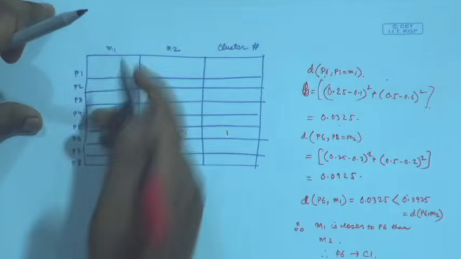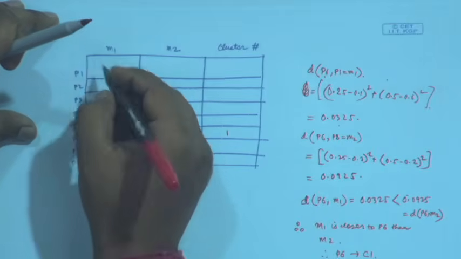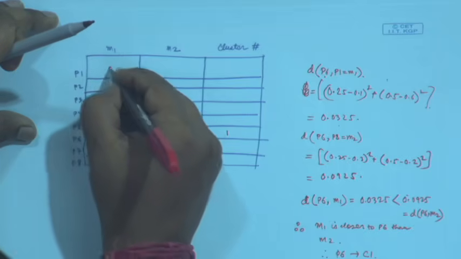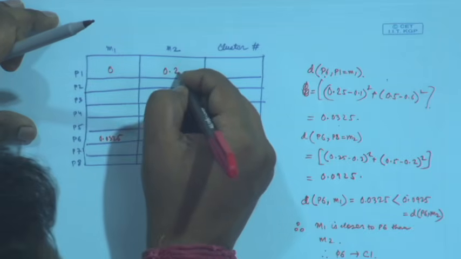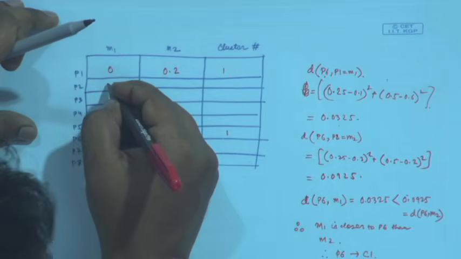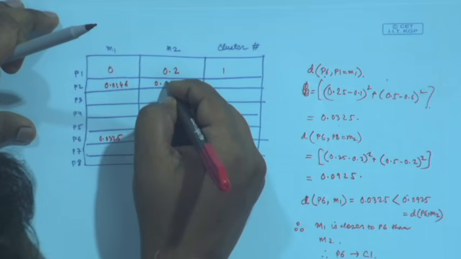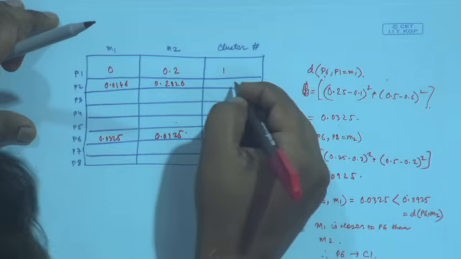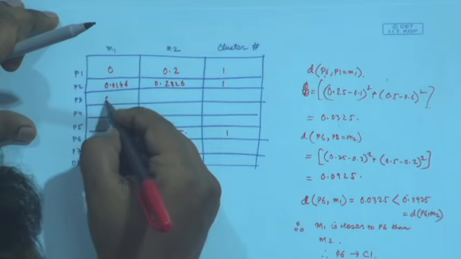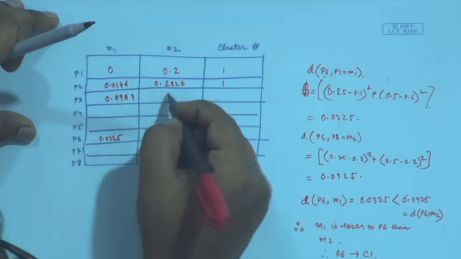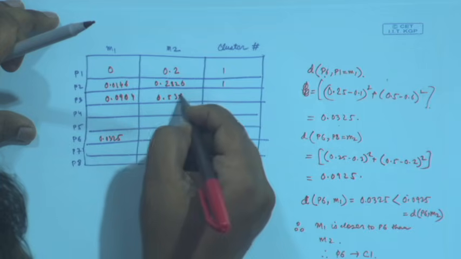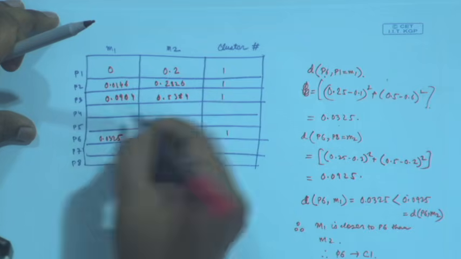So similarly, if you calculate the other values, you will get this table, and this will be 0, this will be 0.2, the cluster number will be 1, 0.0146, 0.2826, cluster number 1, 0.0904, 0.5384, cluster number 1.